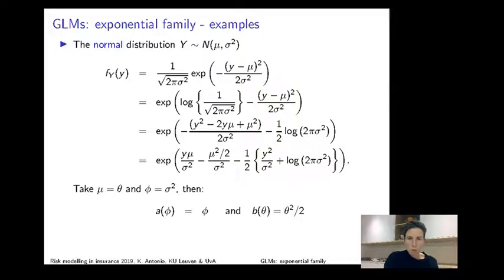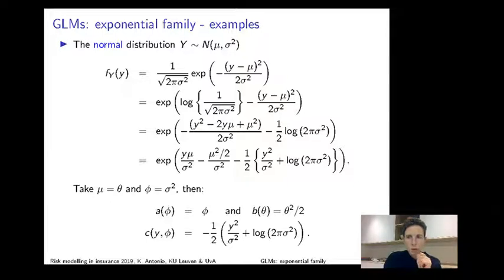The function c, which depends on y and on phi, then contains the rest of your expression here. With these choices, the normal density can be specified in the form of the exponential density as given before.